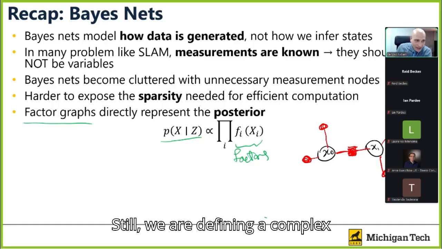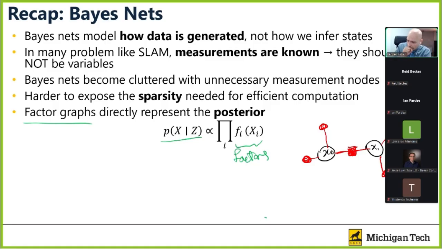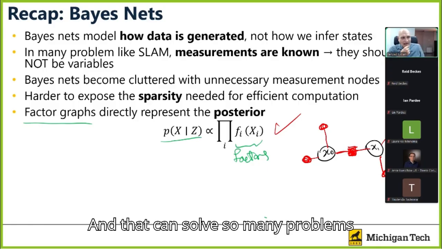So we are defining a complex problem, path planning, using some states, x, and some factors, f. That's it. This is called a factor graph, and that can solve so many problems easily.